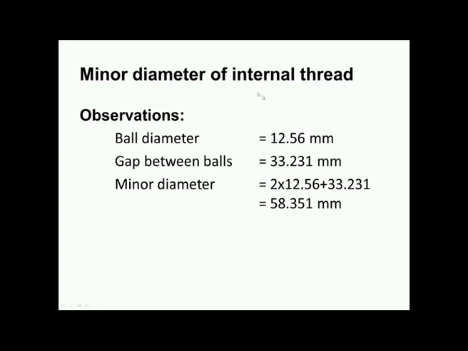In the experiment we observed that the ball diameter is 12.56 millimeter and the gap between balls is 33.231 millimeter. The minor diameter is 2 times the ball diameter plus the gap between balls. So, finally, we get 58.351 millimeter. This is the minor diameter of internal thread.